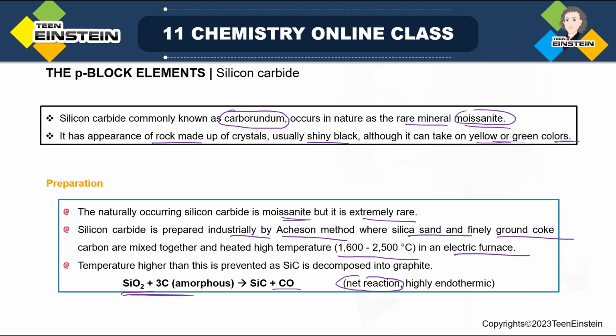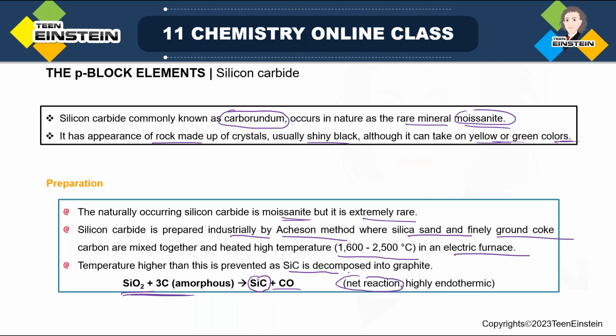And we are doing this reaction at 1600 to 2500 degrees centigrade. But we have to be cautious, because if the temperature is greater than 2500, there is a problem of decomposition of our desired product SiC, which we do not want. So temperature must be in this range so that there is no further decomposition of SiC.